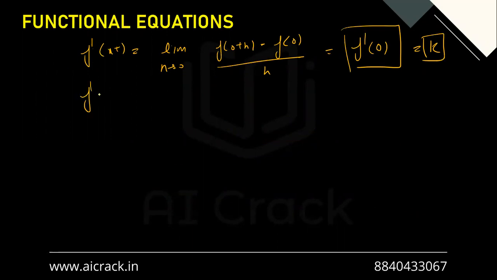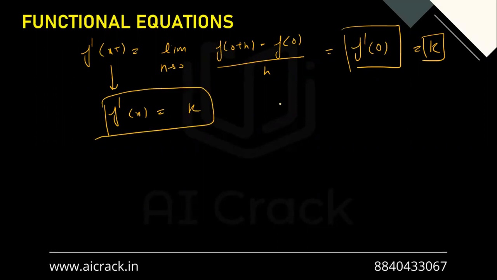Even if we try to find the left-hand derivative, we'll get the same value over here. So let's directly write f'(x) = k. This we have got over here. Now let's try to integrate it. For that, we'll get f(x) equals integral of k dx, that would be kx + c.